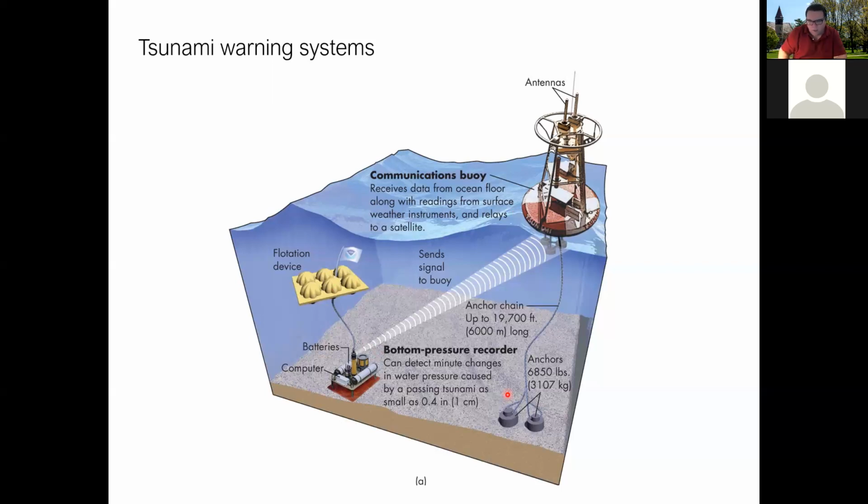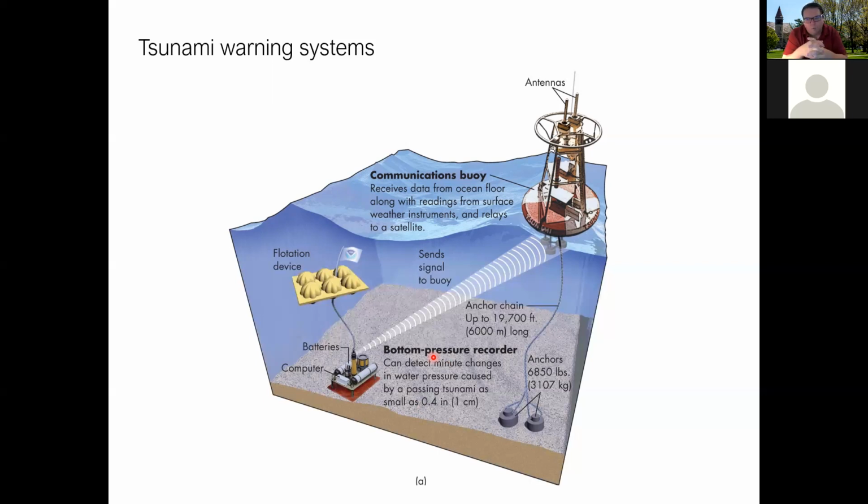These can detect variations in the tsunami waves as small as 1 centimeter, which is relatively easy to do out in the deep stagnant ocean where the waves aren't moving around as much. There are entire networks of these, particularly around the Pacific, where there's the greatest risk. They send signals back to say, okay, we're seeing this change in this area.